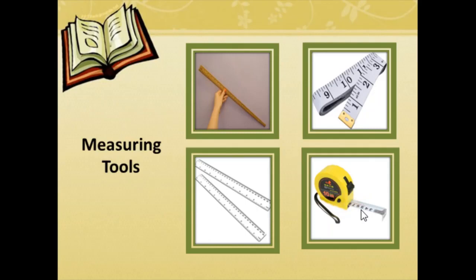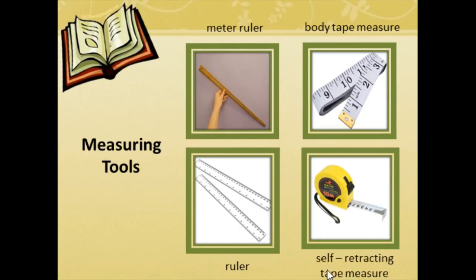Let's name each of these. The first one is a meter ruler. This is a body tape measure. Next, a common tool, we have the ruler. And lastly, the self-retracting tape measure.